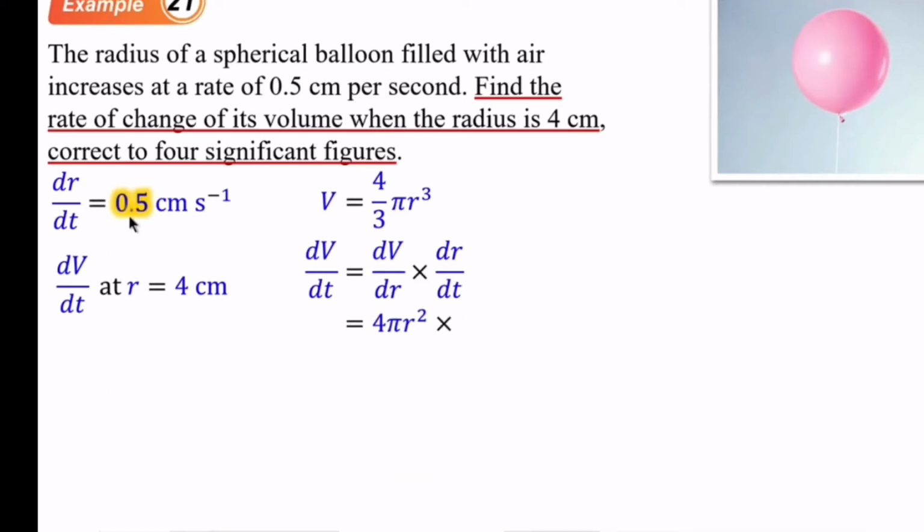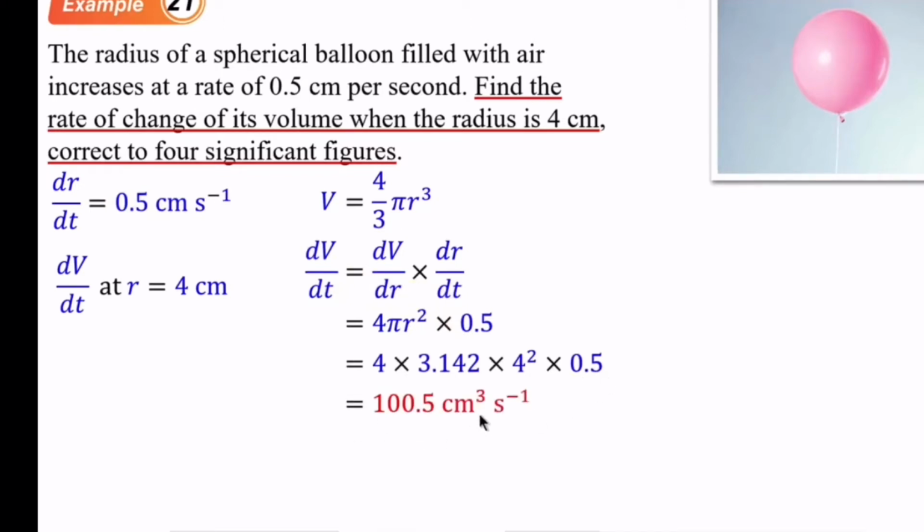And dr/dt was given earlier, we just multiply. So it's 4 pi r squared times 0.5. The radius was given as 4 centimeter, so it's 4 times pi times 4 squared times 0.5, and we will get the answer for dV/dt, right?